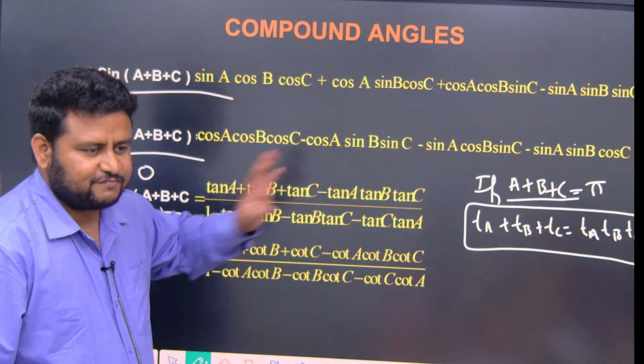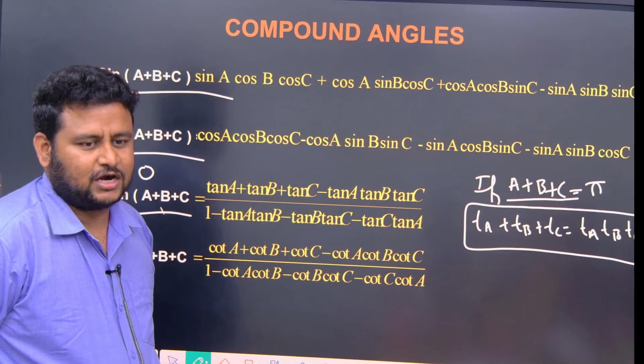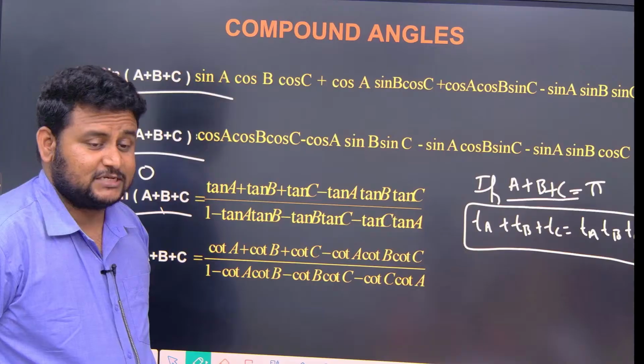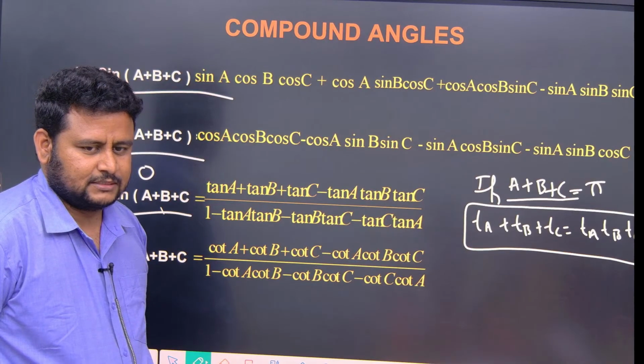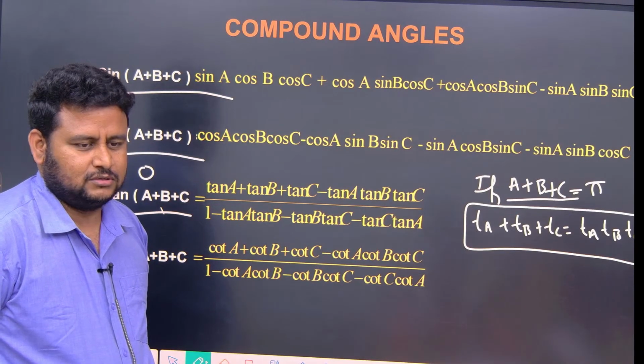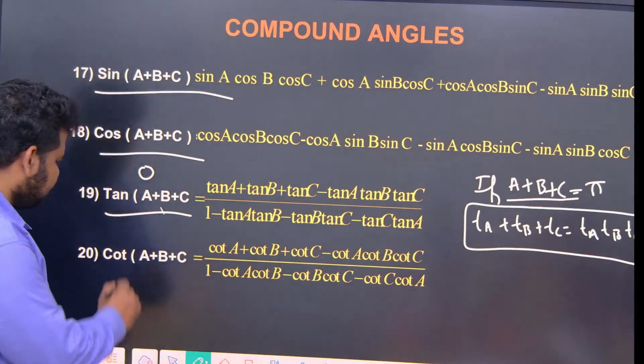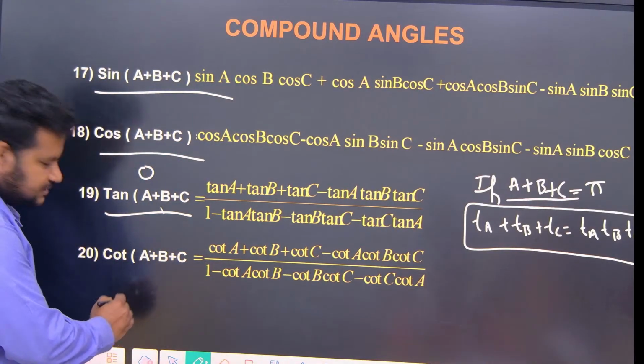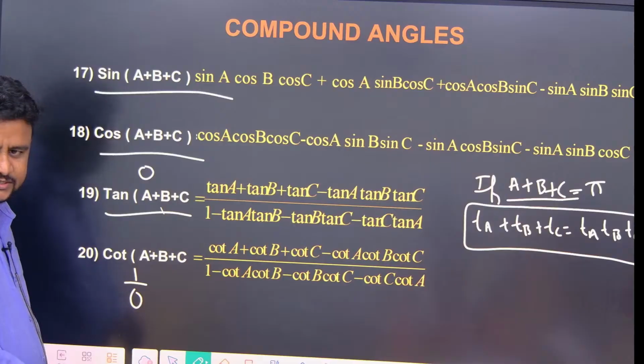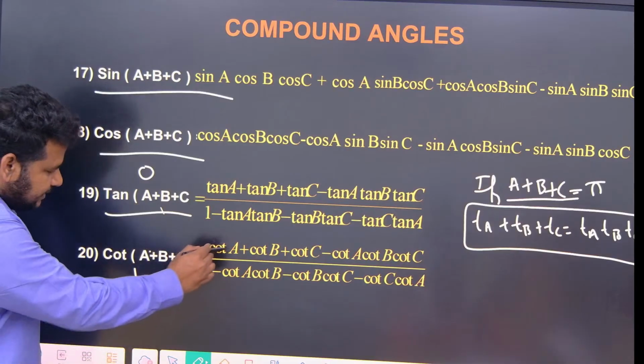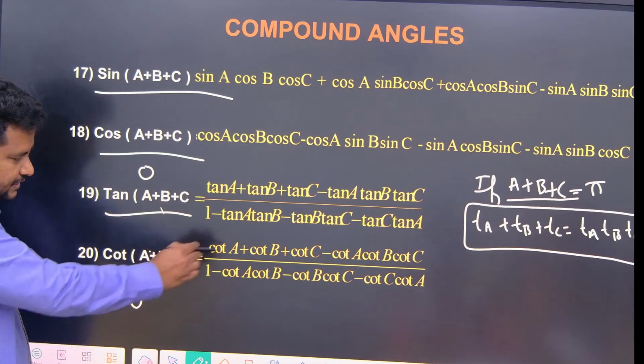Now the same thing if I go for cot pi. Cot pi is undefined. Undefined means I can write it as 1 by 0. Now observe here, this numerator entire thing will become 0.